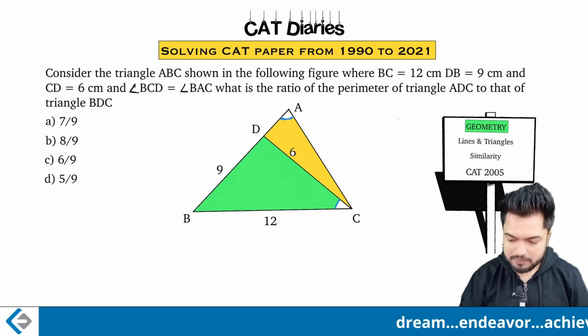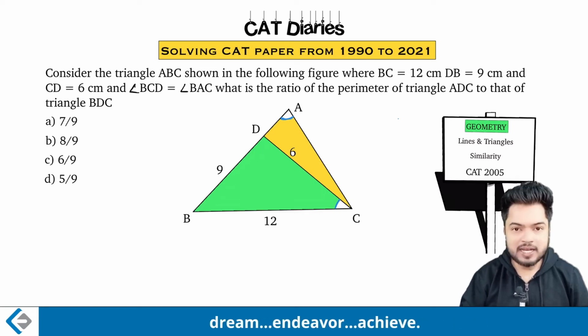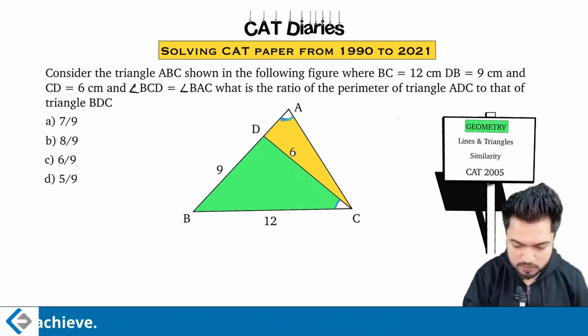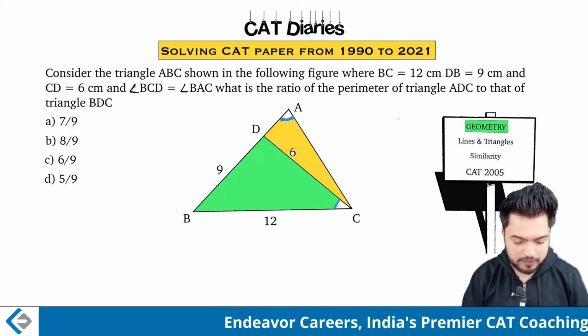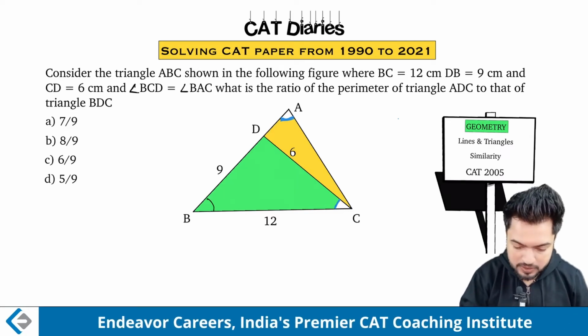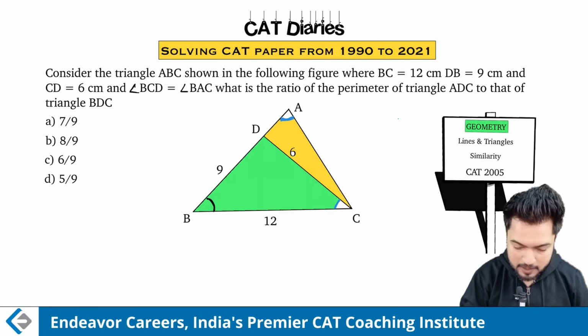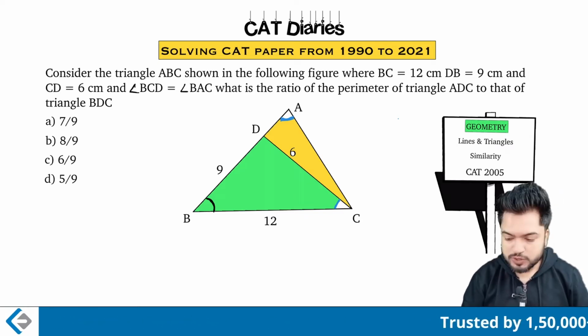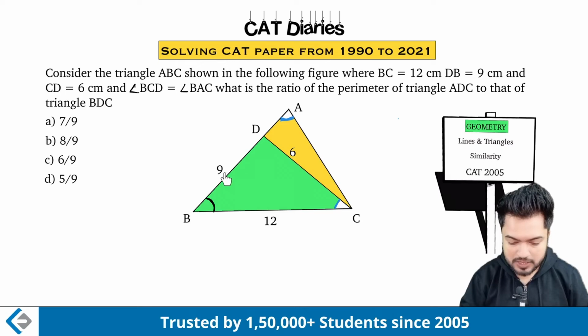This angle is given to me as equal to this angle, these two blue angles, which I already know. What if I take this angle, angle B, which is a common angle to which two triangles? Let's understand this.